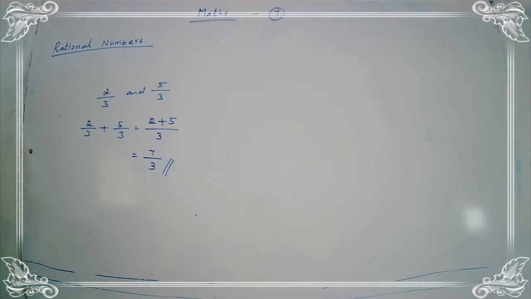So 2 upon 3 plus 5 upon 3 is equal to 7 upon 3.